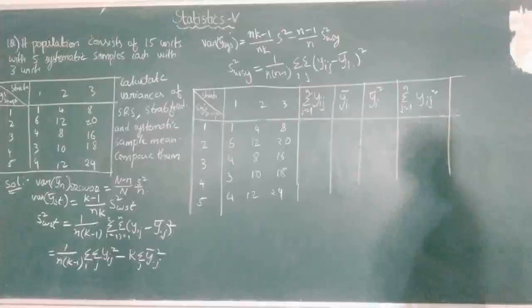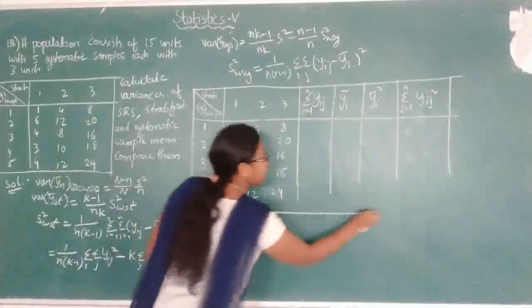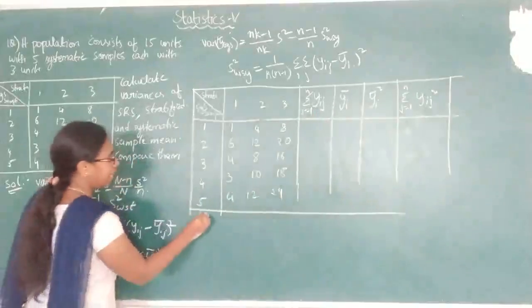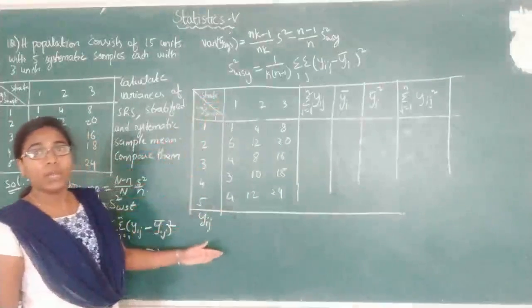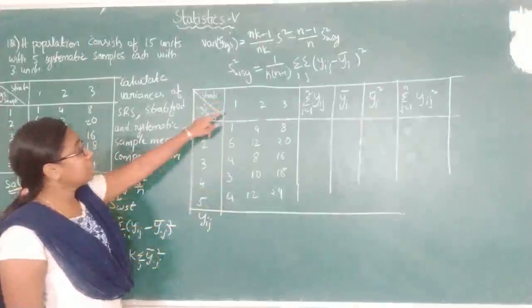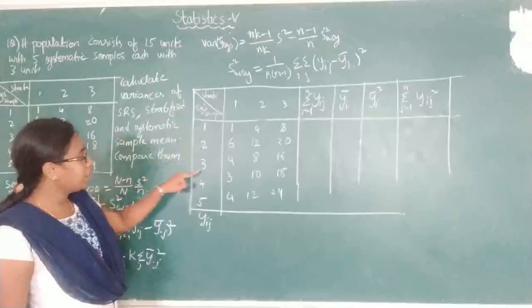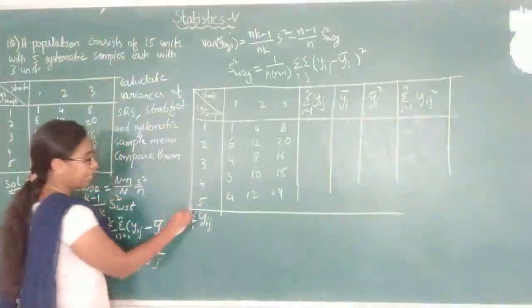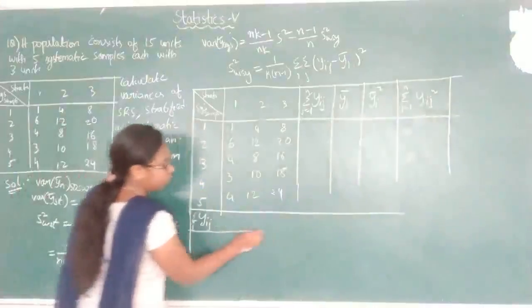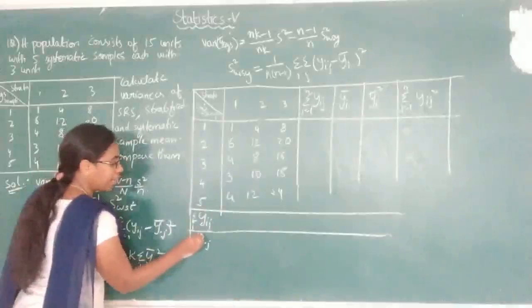Now similarly for the columns also I have to calculate the values. So first here we have written yij. Similarly here also I have to calculate the yij value. So here I am calculating column wise. Column wise means I have to take the summation over i, because 1, 2, 3, 4, 5 are the i values. So summation over yij, and next y dot j bar.